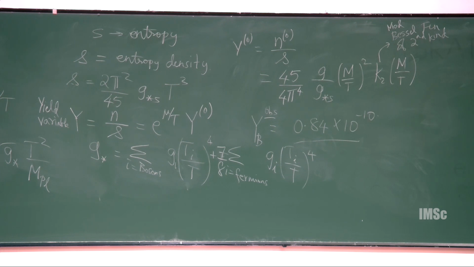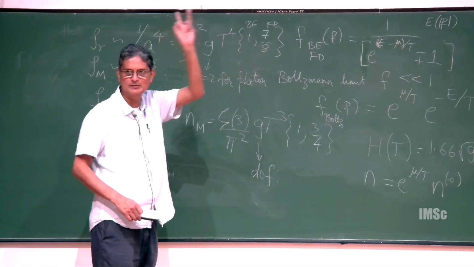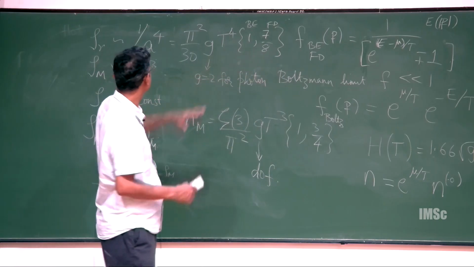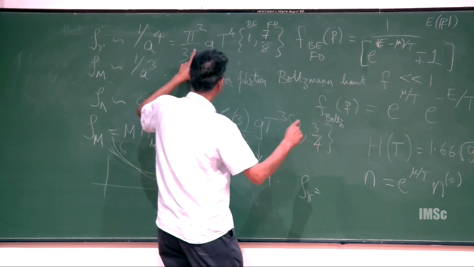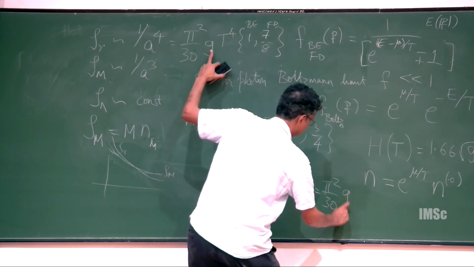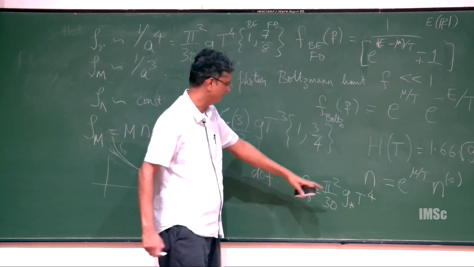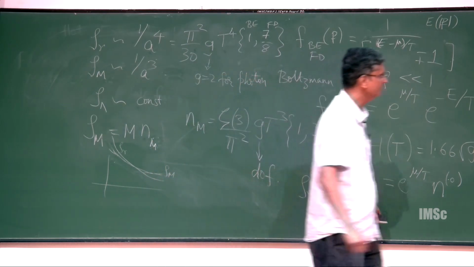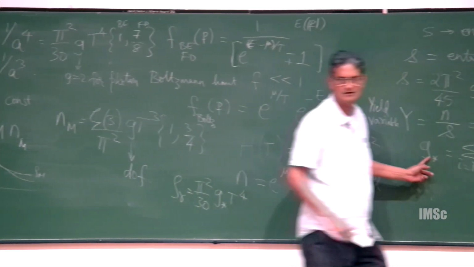Now here what I've done is to say that there is a gas with some number of bosons and some number of fermions, and if you sum them, then you can write the rho r in terms of this G star, pi squared over 30, and then G star T to the fourth. Think of that gas at a common temperature T, but then the individual species might be at its own temperature. Scale it with that T which has been pulled out, and then the weighted G's are what is this G star.